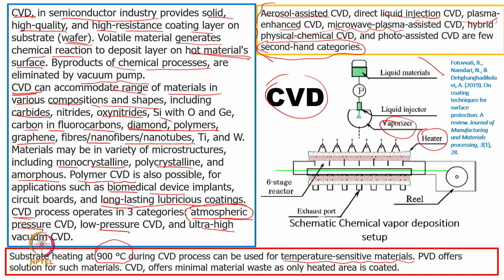However, one good thing about CVD is that material wastage will be minimum, because wherever you want to deposit the coating, you go with localized heating, and there only chemical action will happen. Because of that, material wastage will be low, while in PVD we use the word overshoot. Now, when you are vaporizing the material, it will go and get deposited on the substrate, but there is no restriction.